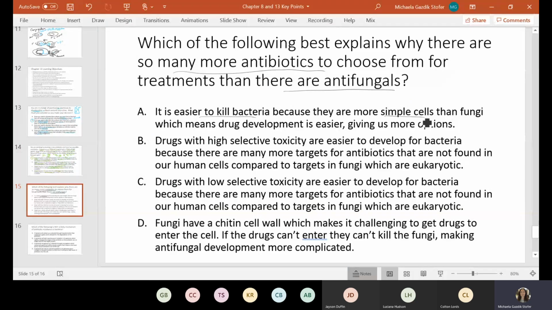B says drugs with high selective toxicity are easier to develop because there are many more targets for antibiotics that are not found in our own human cells compared to fungi because they're eukaryotic. C is that drugs with low selective toxicity are easier to develop for the same reason that was described in B. And then D is that fungi have that chitin cell wall, which makes it challenging to get drugs inside. And if they can't enter, they can't kill them.